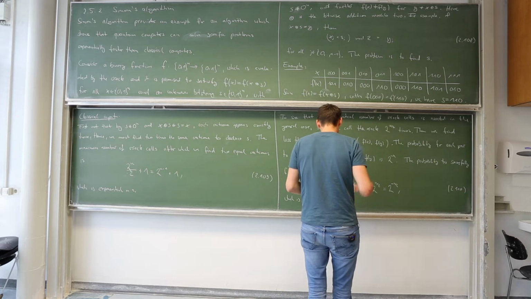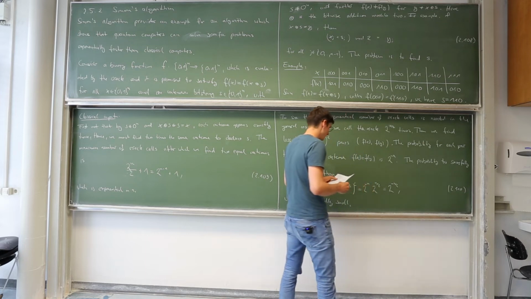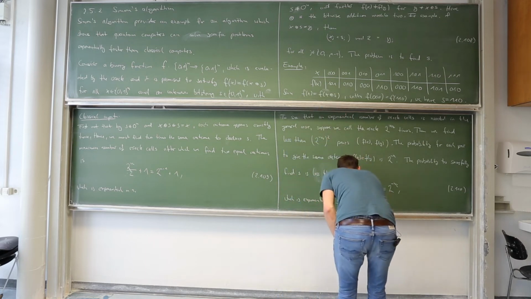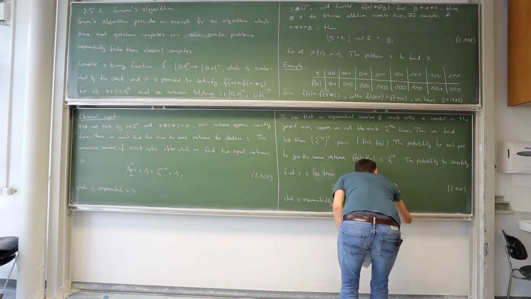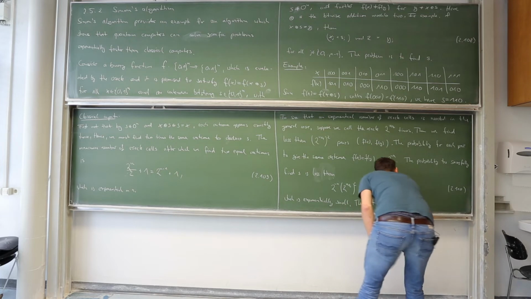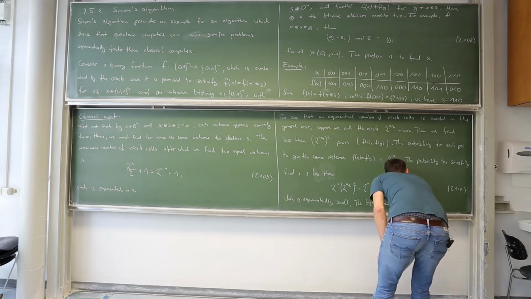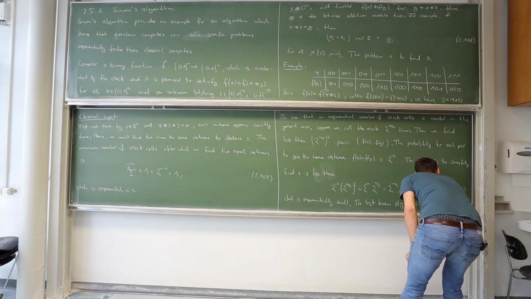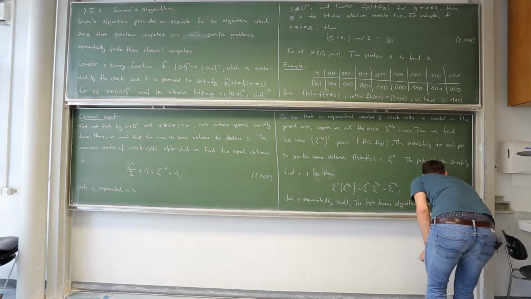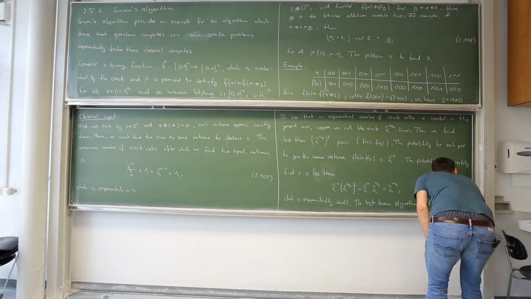So the best known algorithm needs O of 2 to the power of n half calls.